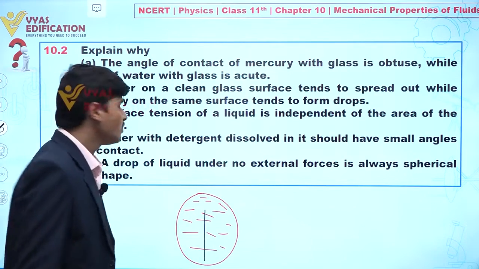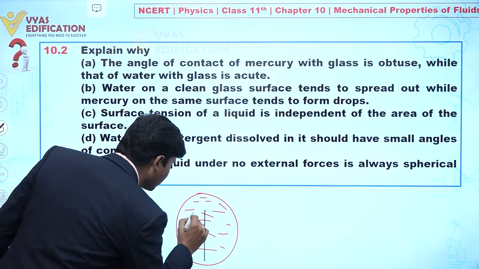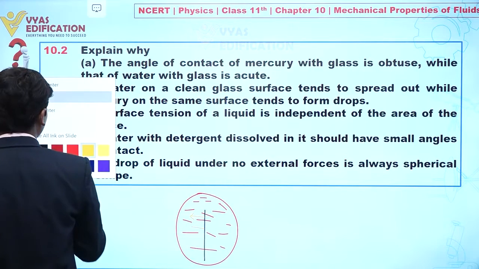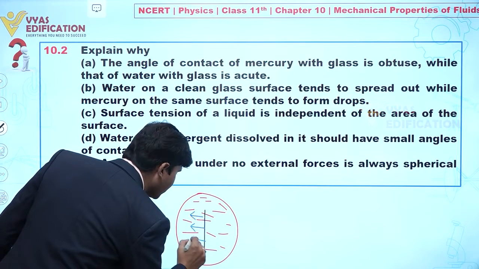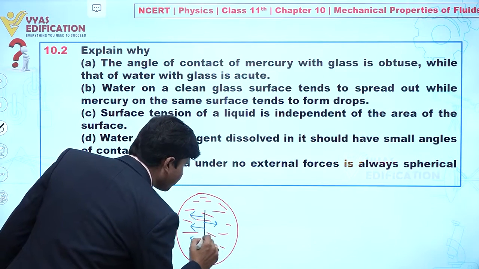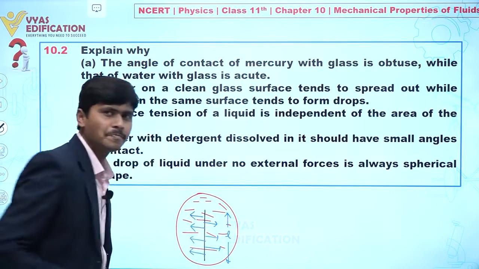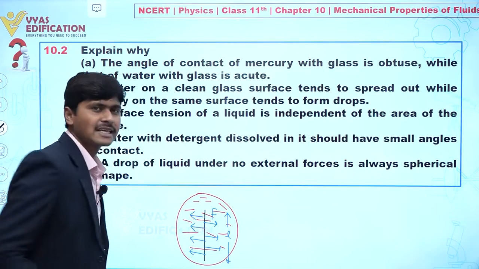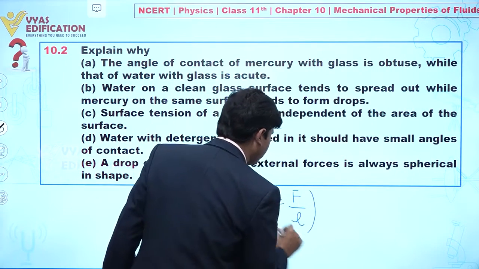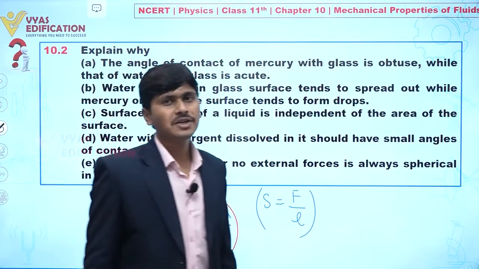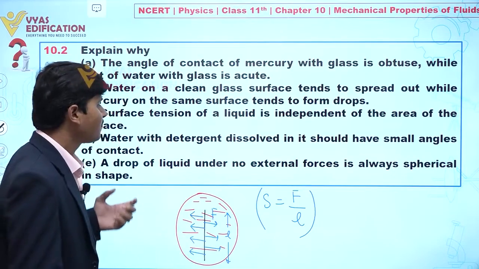Now how can we define surface tension? On this line a force is acting perpendicular to the line, like this. If this length is L and a force F is acting, then surface tension is defined as S equal to F by L. So the force acting per unit length of this imaginary line is known as surface tension.